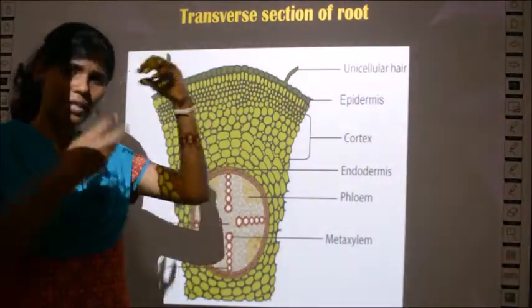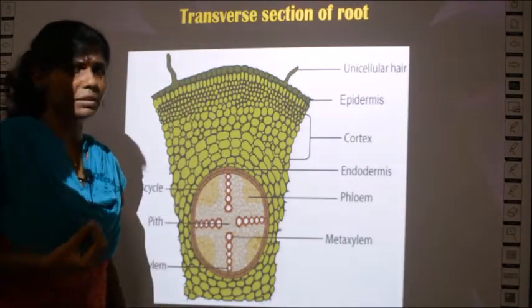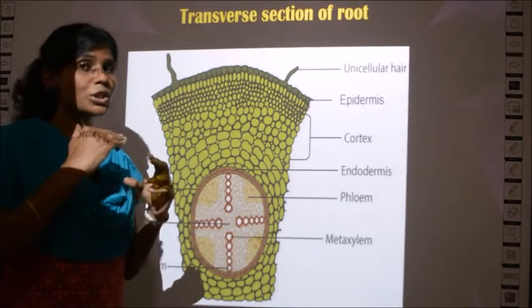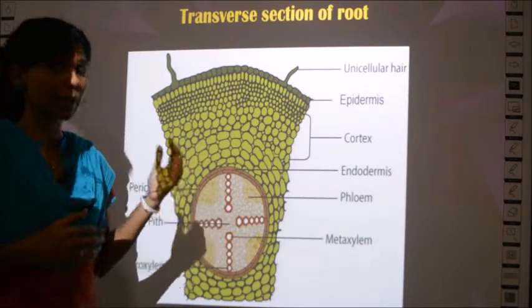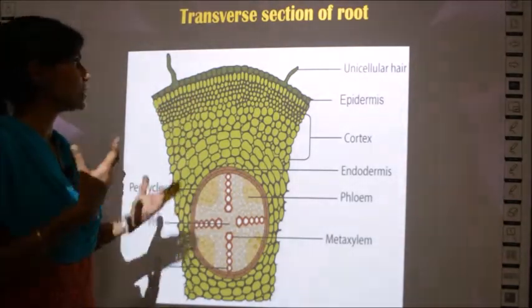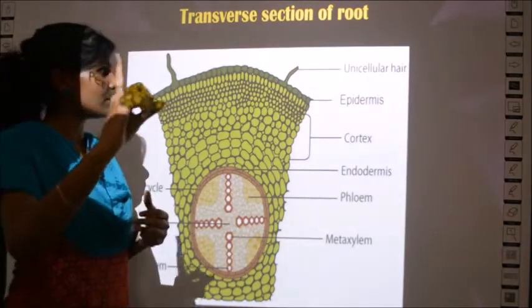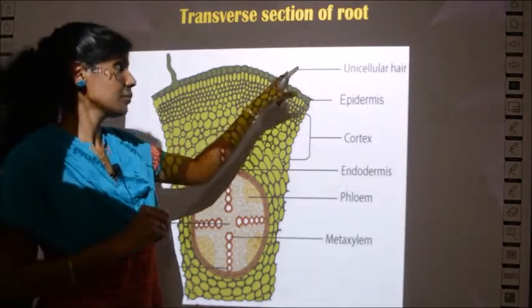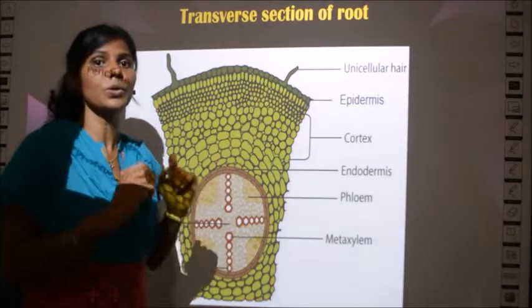You have a thick long stem, the primary root. If you make a thin slice of that portion and put it under the microscope, this structure will appear. So what is present in a transverse section of a root? The first thing is the unicellular hair, which is the root hair.